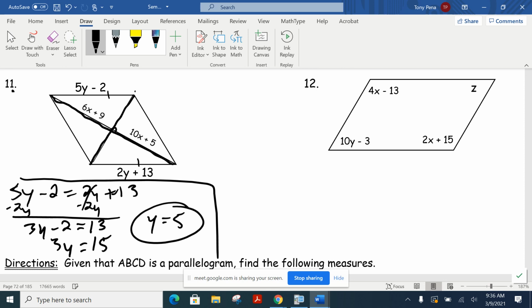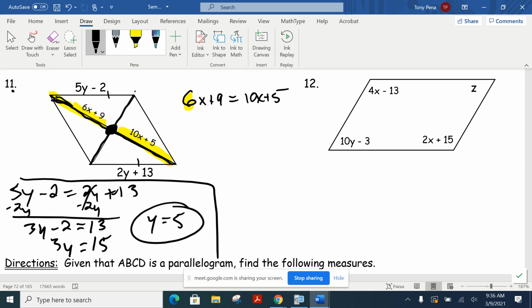So if they're bisecting each other, if this is the middle point of both of them, then what should be true is then this segment here should be the same length as this segment here. They should be equal to each other in terms of their lengths. So how'd you set that up, Cam? Good. So it's another statement where we're going to say they're equal to each other. And then that's the equation that we now work our way through to solve.